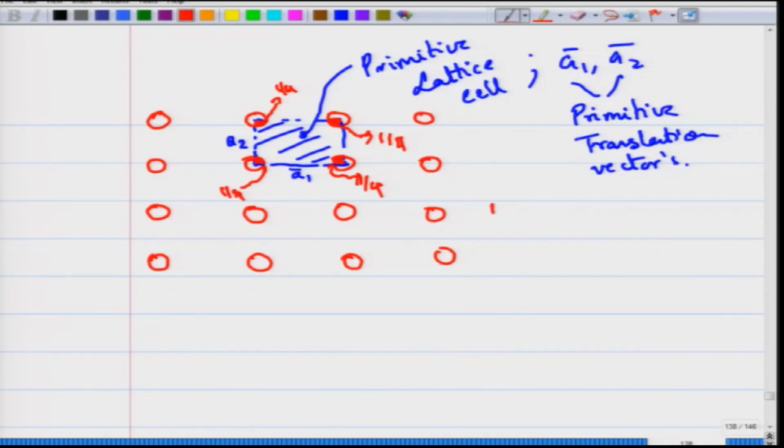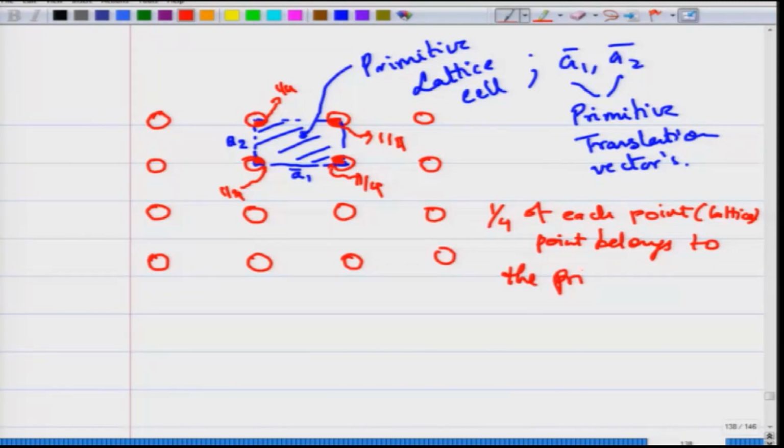One quarter of each lattice point belongs to the primitive lattice cell. You can clearly see that it is only a quarter of it which belongs to the primitive lattice cell, and there are 4 such points which are contributing.